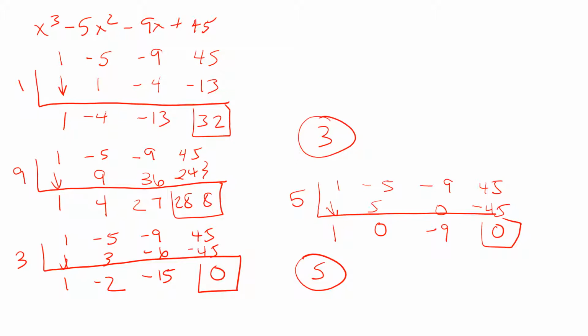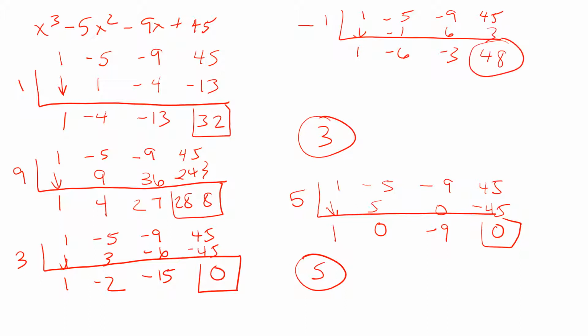I'll go up here and do negative 1. Again, 1, negative 5, negative 9, 45. Bring down the 1, multiply, that's negative 1. Add, that's negative 6. Multiply negative 1 times negative 6 is 6. Add, that's negative 3. Multiply, that's positive 3. Remainder is 48. So negative 1 does not check. I believe negative 3 is going to be the third rational zero, so let me show you.